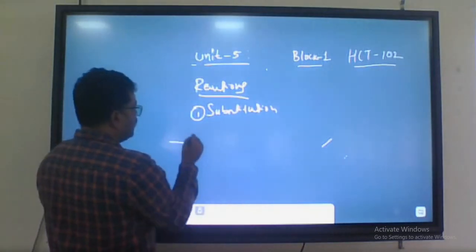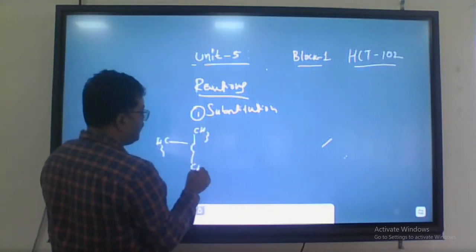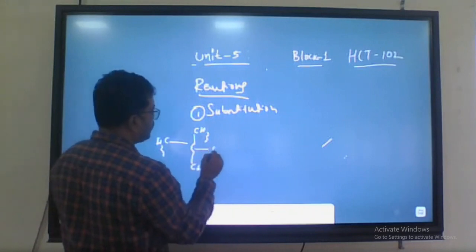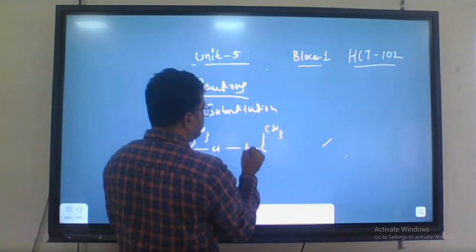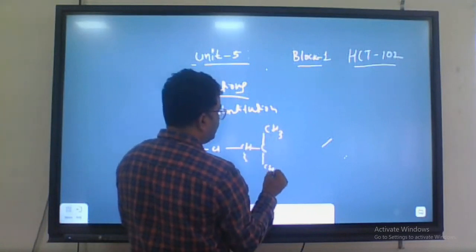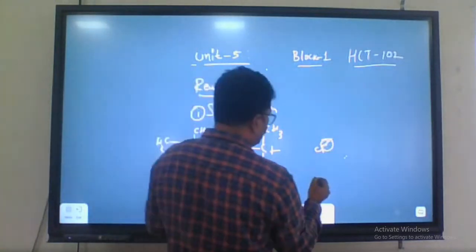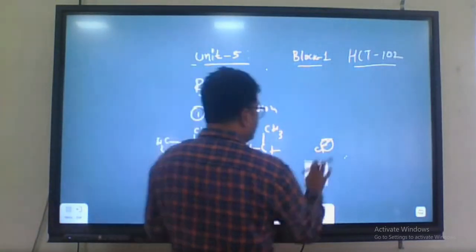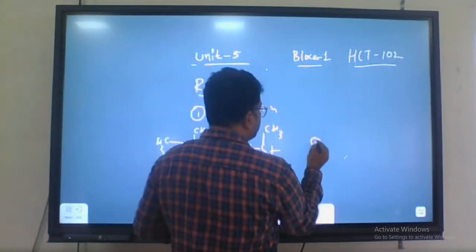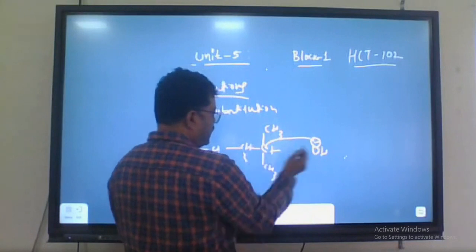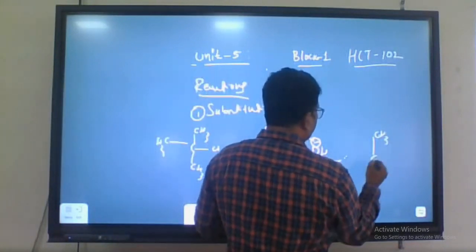I already discussed tertiary butyl chloride dissociating to give this carbocation and Cl minus. And in the next step, OH minus, the nucleophile, is attached to this electrophile and forms tertiary butanol.